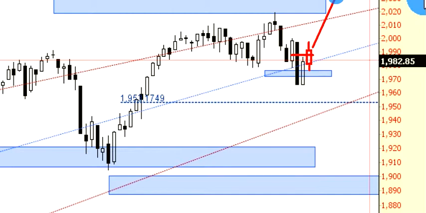Now, having said that, this could all just be a retrace. This day right here could simply be a retrace of this large candle.